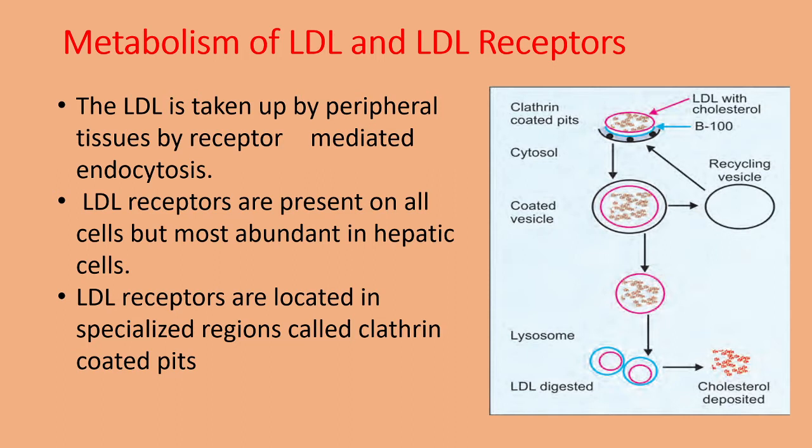The endosome vesicle now fuses with the lysosome, where it will be acted upon by the lysosomal enzymes, and this LDL will be digested to yield cholesterol, phospholipids, free fatty acids, glycerol and amino acids.